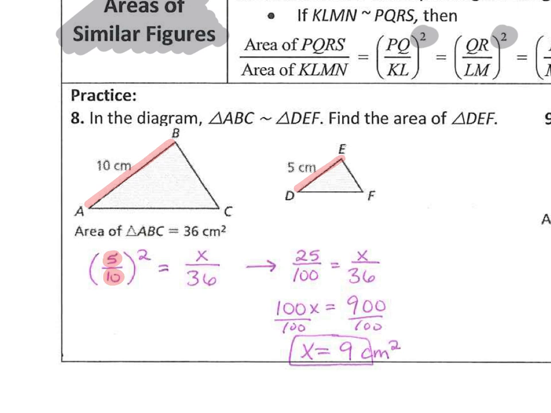But when I set it up for area, I have to make sure that I square this term because area is 2D. So I do 5 times 5, which is 5 squared, and I would get 25. And then I do 10 squared, which is 100. Those are the numbers I actually use to solve my proportion. We cross multiply and solve. So it is exactly like perimeter, but again, because area is a 2-dimensional measurement, we have to square it. Length times width, so square.